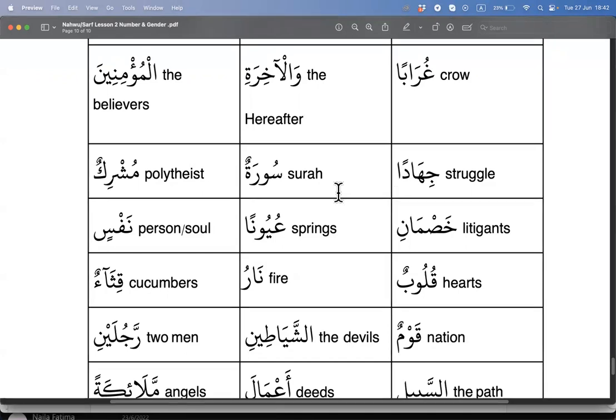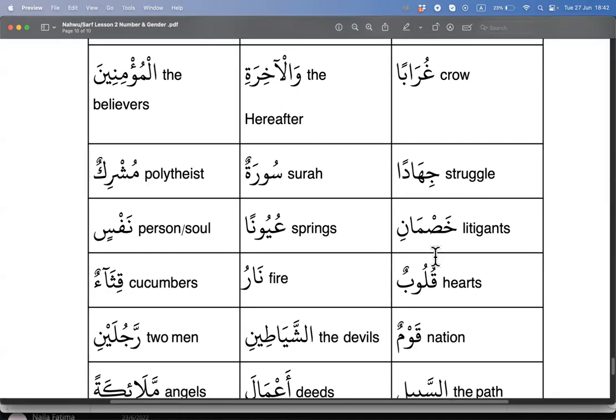Masculine. Good. Suratun. It's rafa. Number singular, feminine. Why feminine? Because ta marbuta. Very good. Mushrikun. Rafa, singular, masculine.